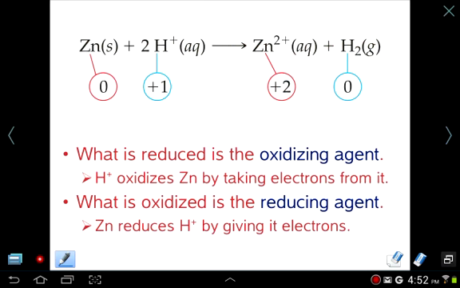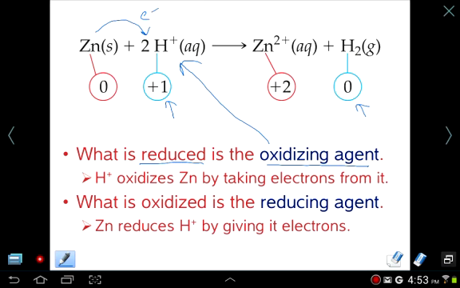There's another piece of vocabulary that we will be using. The substance that gets reduced is called the oxidizing agent. So in this case, hydrogen gets reduced because it goes from a +1 to a 0, and hydrogen is called the oxidizing agent because hydrogen oxidizes the other species, and it does so by taking its electrons.